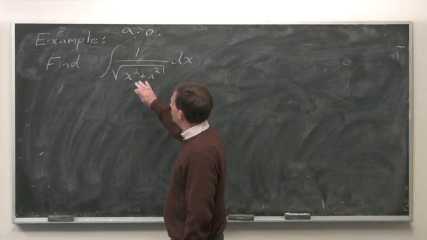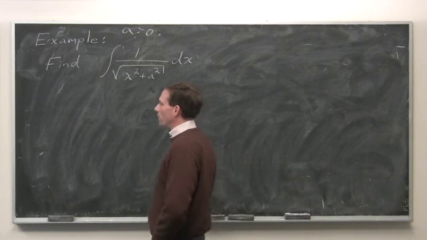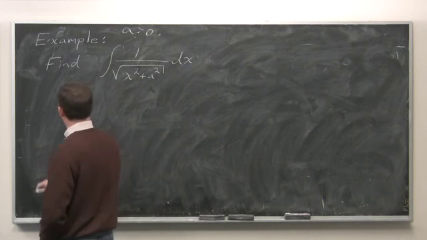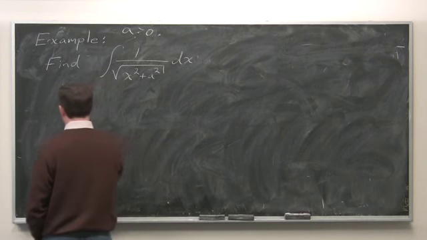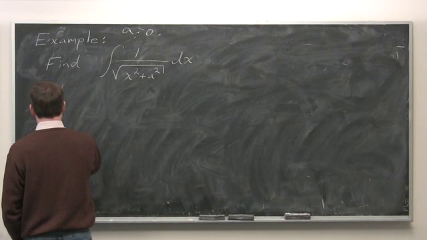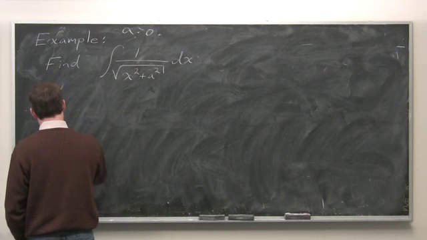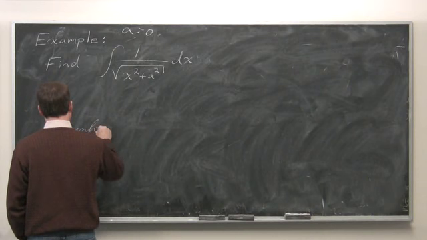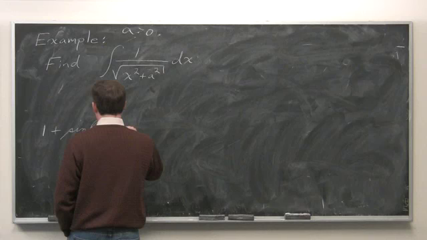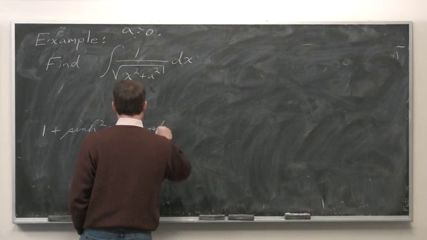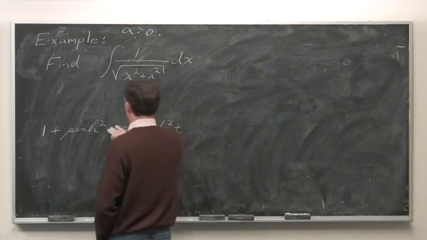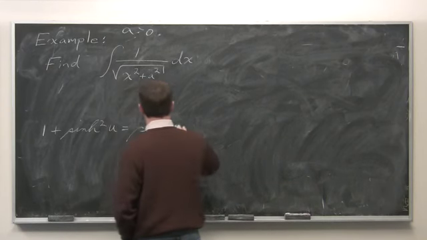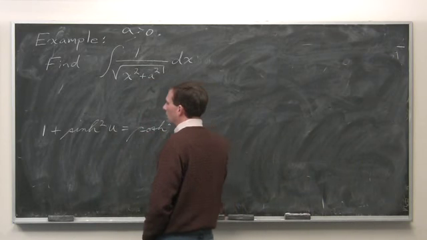So how should you think about this? If you remember the hyperbolic fundamental trig identity, so now I'm going to write it in terms of t, because we have an x in the problem already. The fundamental hyperbolic, maybe I'll use u, since that's our favorite name for a substitution variable.